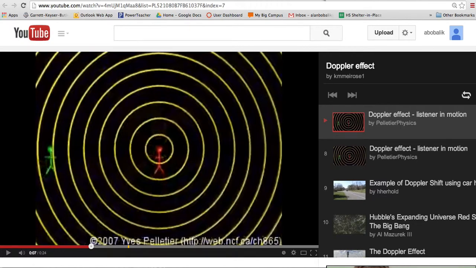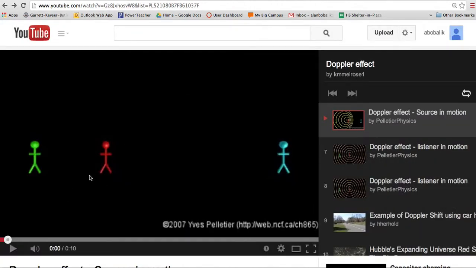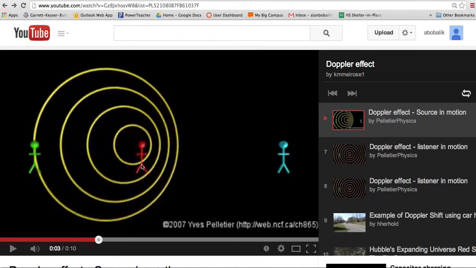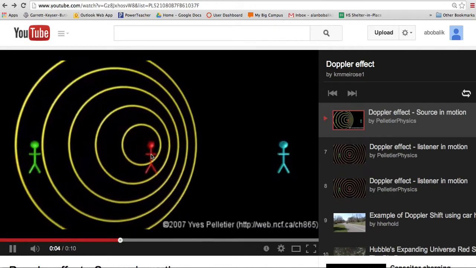However, when we take a similar scenario but change it a little bit, here we have the person in red still giving off the sound, but we have two different people observing that sound. We have someone who's behind him and someone who's in front of him, and we set the person making the sound in motion. We see something different happening.